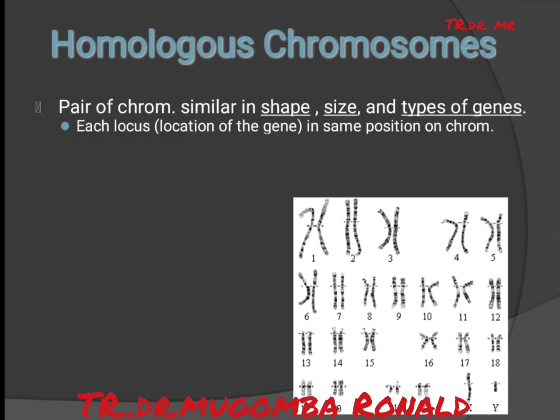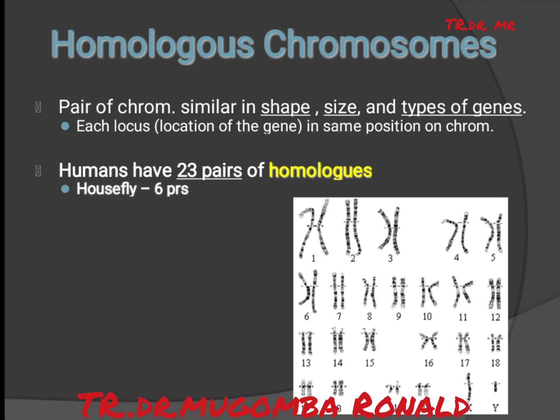We need to understand some concepts before we look at the different things entailed in meiosis, and that is the meaning of homologous chromosomes. Remember, yesterday we looked at the cell cycle, and we said that before division happens, cells prepare by duplicating genetic material.